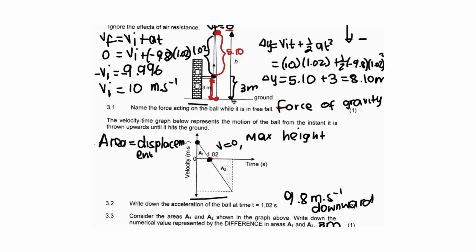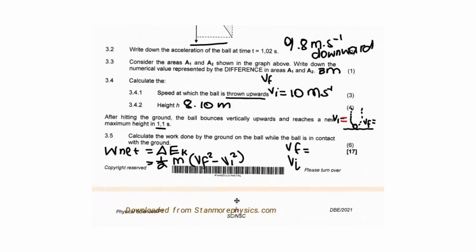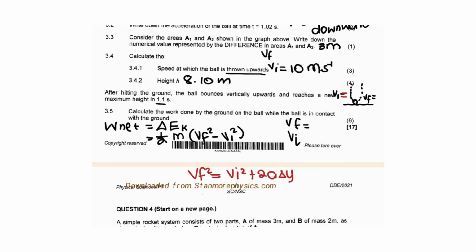I have delta H, so I can use an equation that has V initial, V final, and delta H. I can use Vf squared equals Vi squared plus 2a delta y. I'm looking for Vf, but my Vi is 0, plus 2 times negative 9.8.